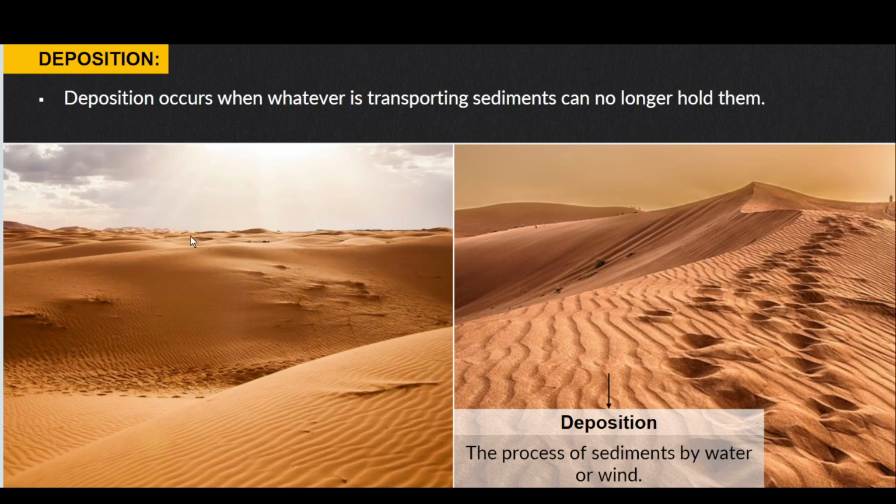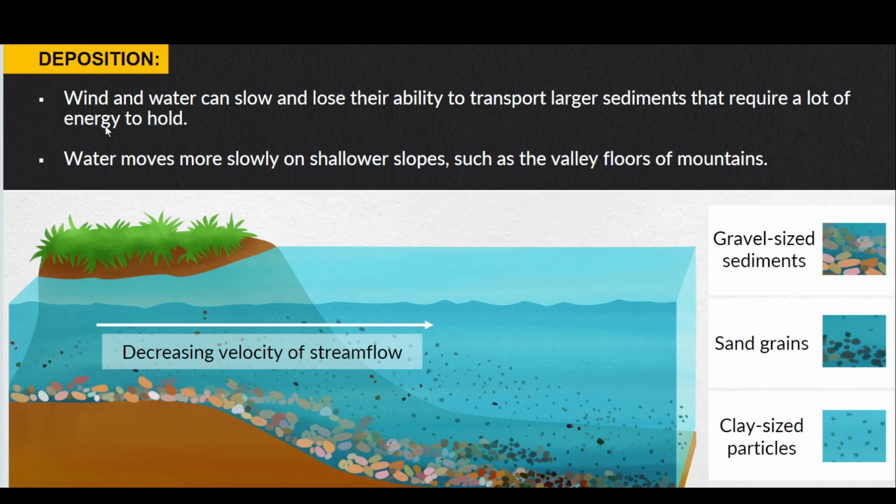Then deposition occurs when whatever is transporting sediment can no longer hold it. It is the process of sediments being laid down by water or wind. Wind and water can slow and lose their ability to transport large sediments, which require a lot of energy to hold.